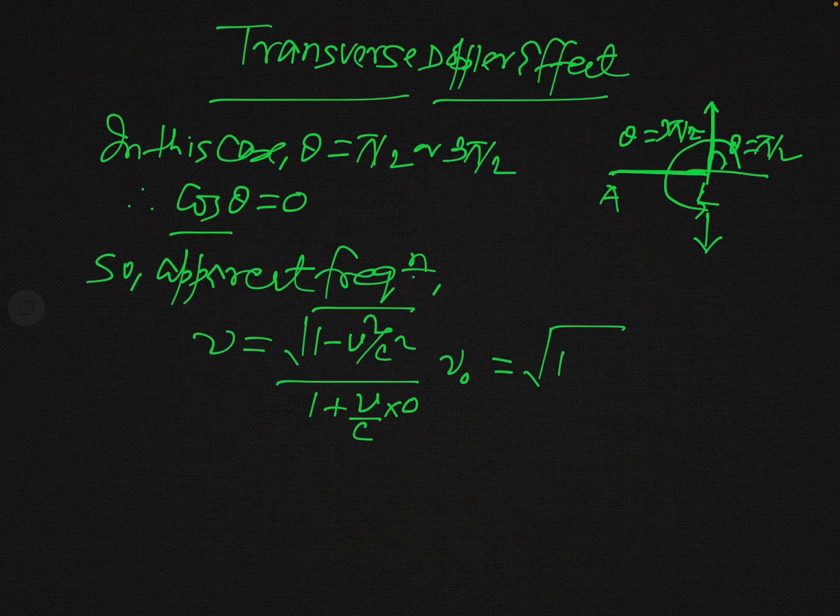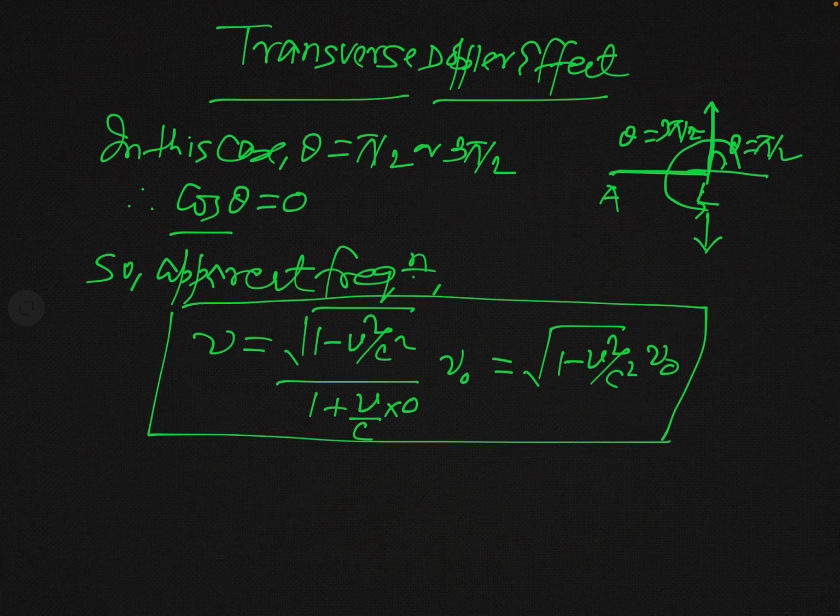So this will be simply root over 1 minus v square by c square into nu naught. So this is the expression for the apparent frequency in case of transverse Doppler effect, and you can easily see as this number, square root of 1 minus v square by c square, is smaller than 1, in this case the apparent frequency nu will be smaller than nu naught. So it is obvious that nu is less than nu naught.